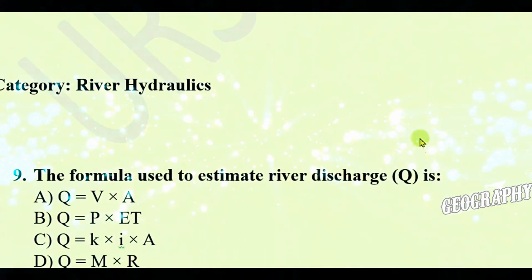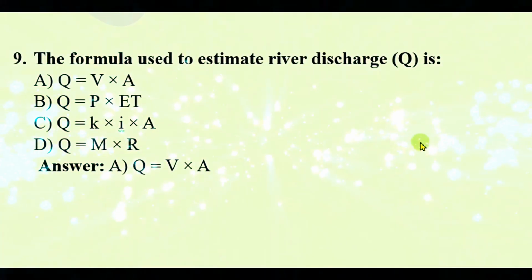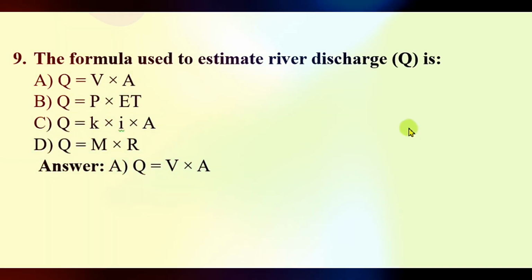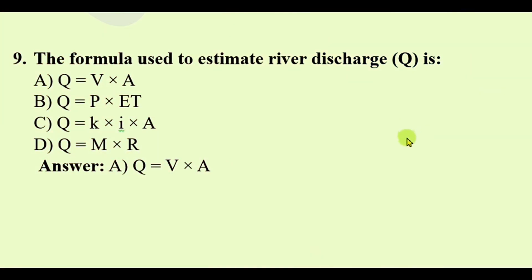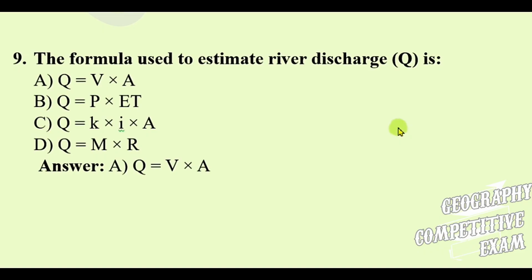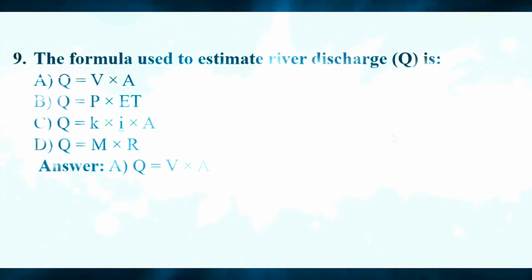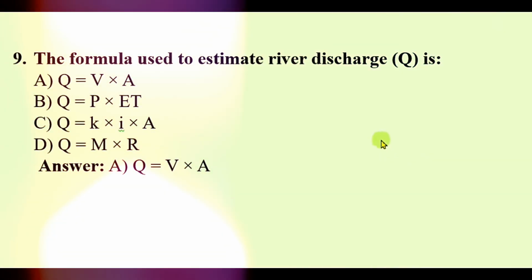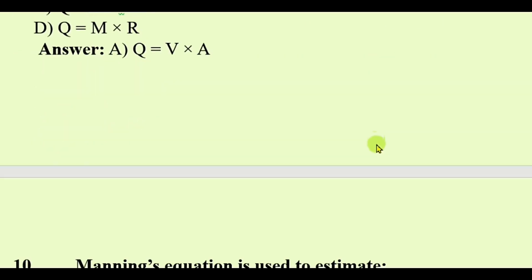Question category, river hydraulics. The formula used to estimate river discharge is: discharge equal to V into A, discharge equal to P into evapotranspiration, discharge equal to K into I into A, Q equal to M into R. Here the right answer will be Q equal to V into A, meaning velocity and area of the moving water.